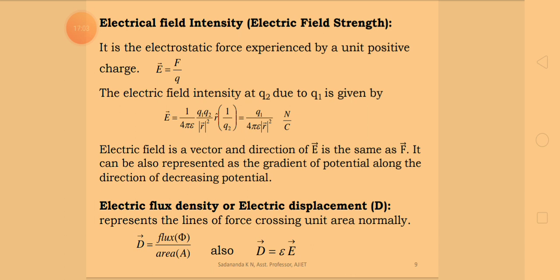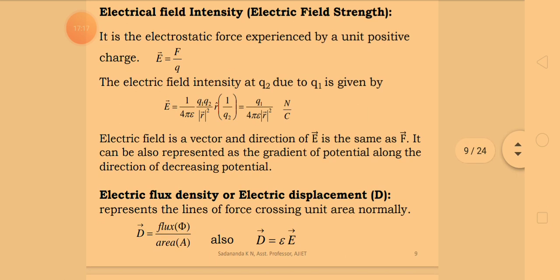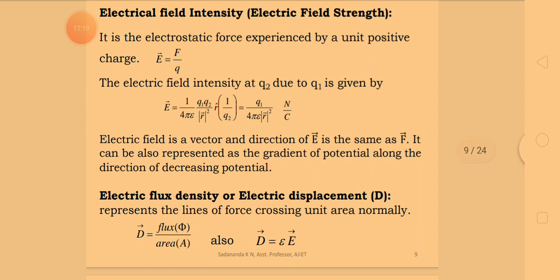Electric flux density or electric displacement D. It is defined as the number of lines of force crossing per unit area normally. So, electric flux density vector D is equal to flux per unit area.